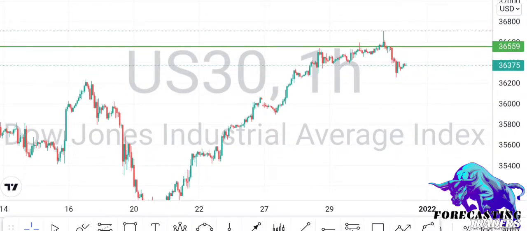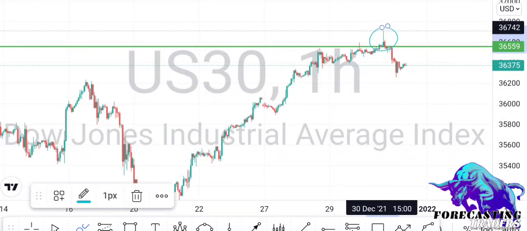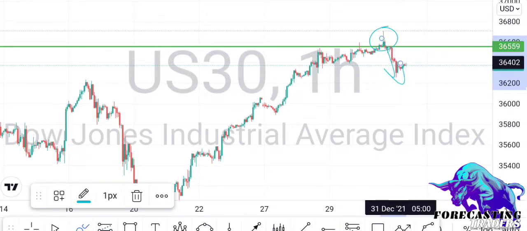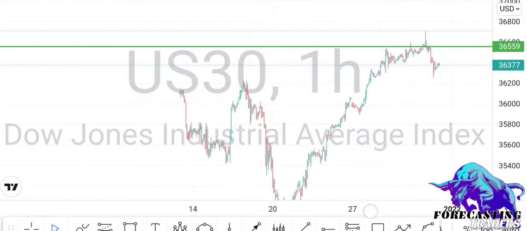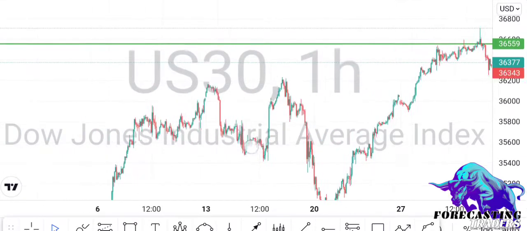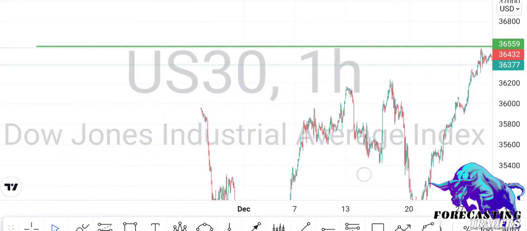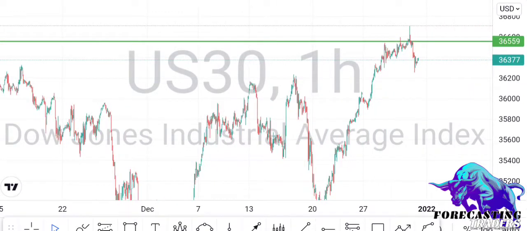US30 did break here, and then it came back inside. So what we should expect now is to take what the market is gonna give us.